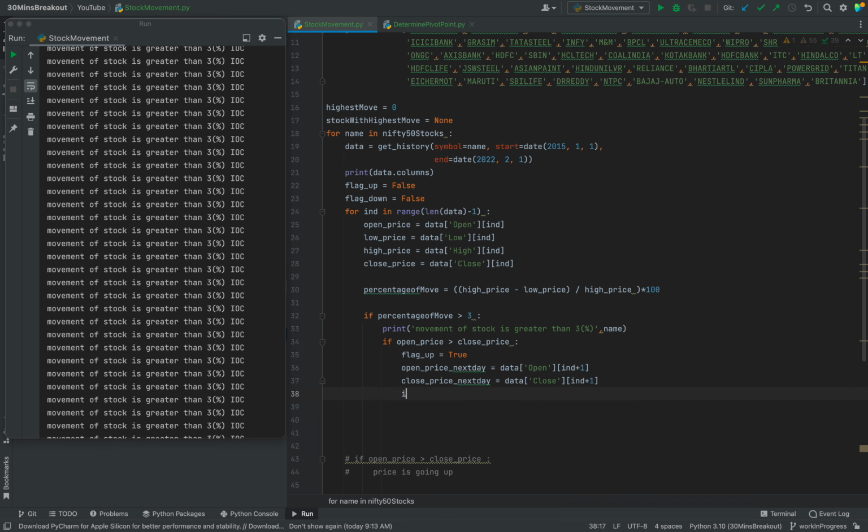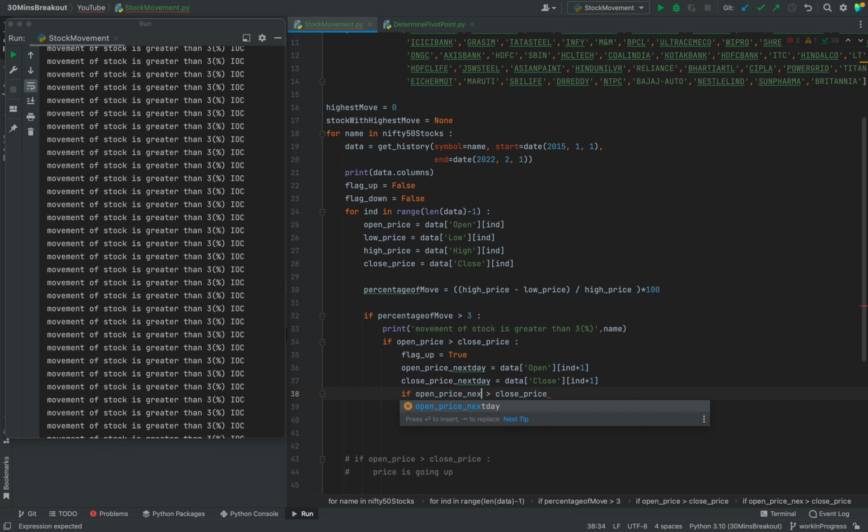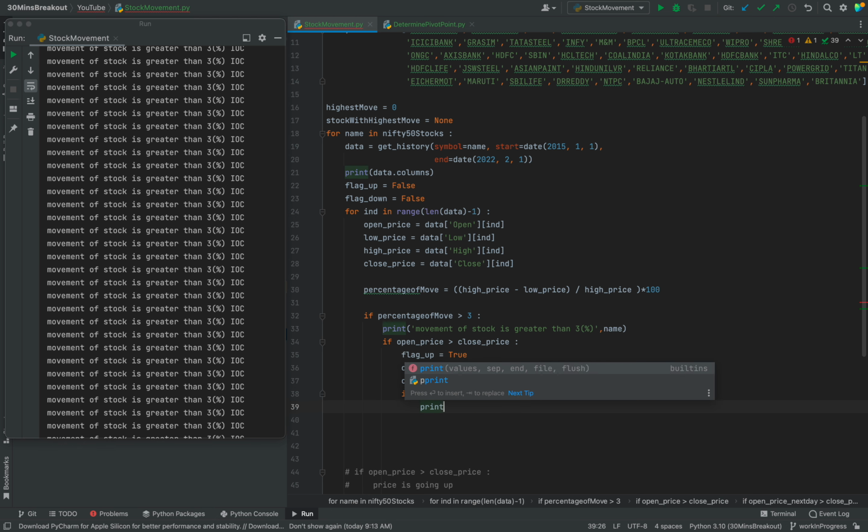So here we will add the same condition again, as followed the previous day movement.